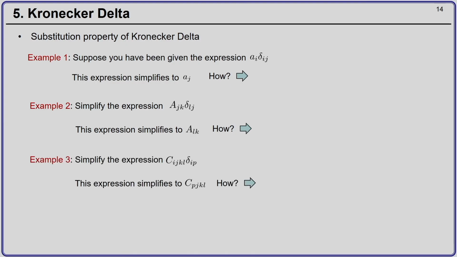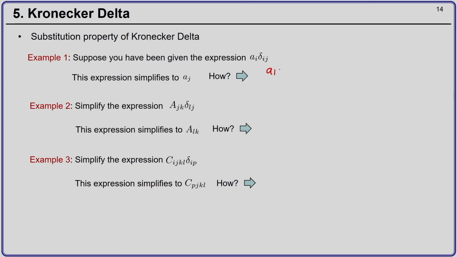Now we look into 3 examples. Suppose you have been given the expression Aij delta ij. This expression simplifies to Aj. How? Here i is a repeated index, so a summation is implied and i will take values 1, 2, 3.